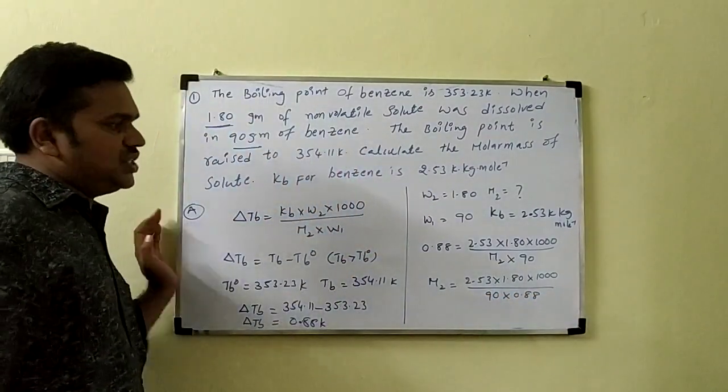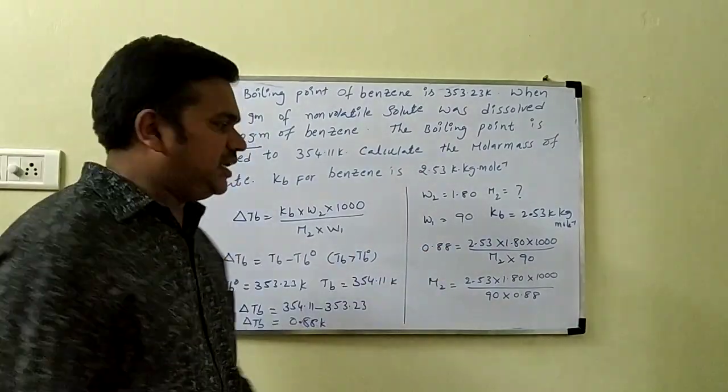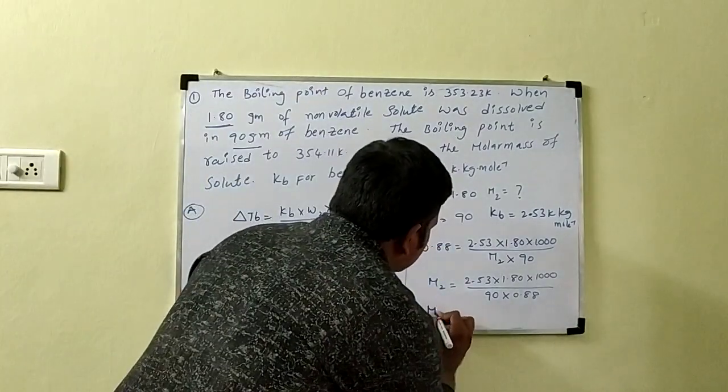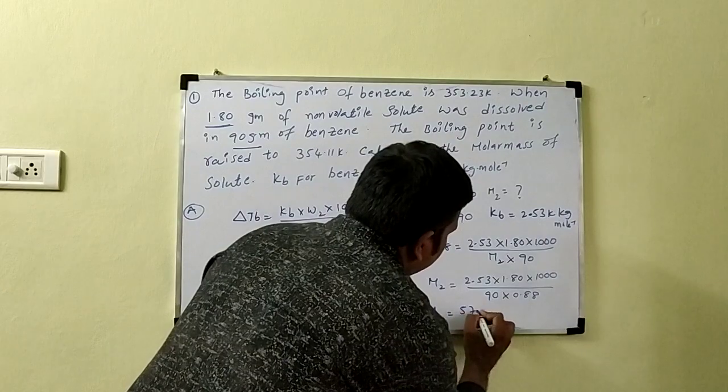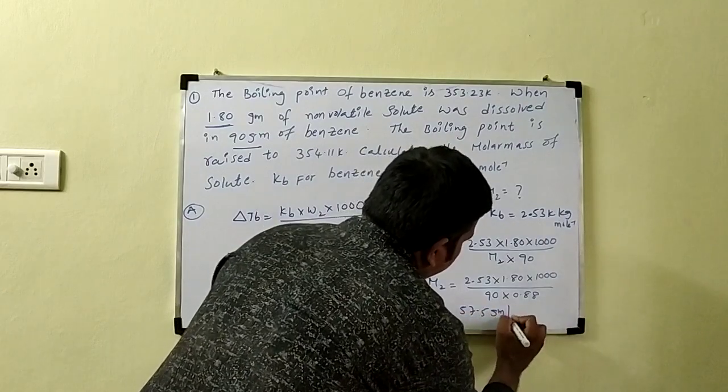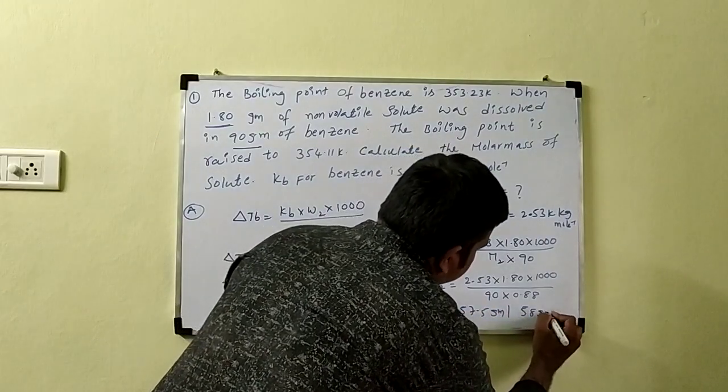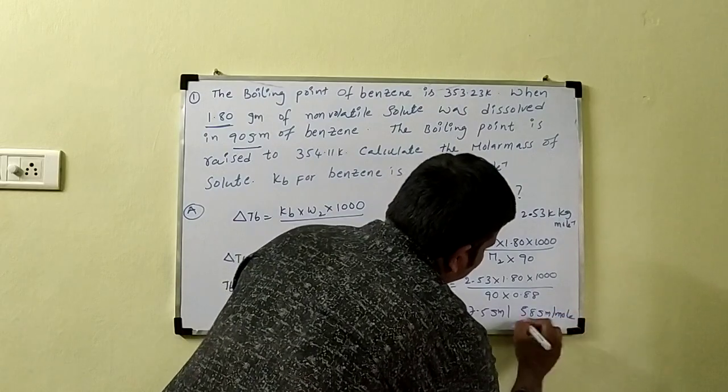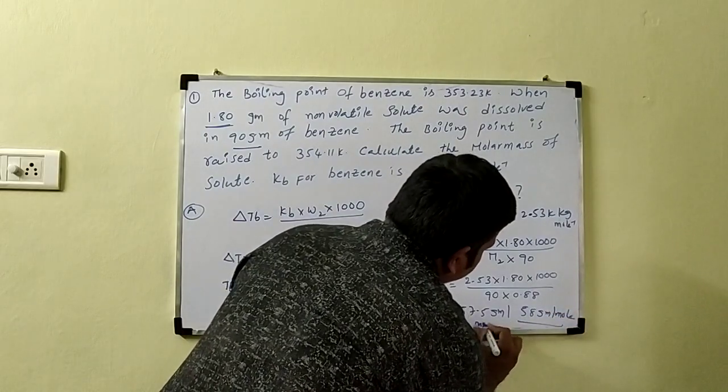Just cross multiplication. If you solve this, you will get 57.5 grams. Rounded value is 58 gram per mole.